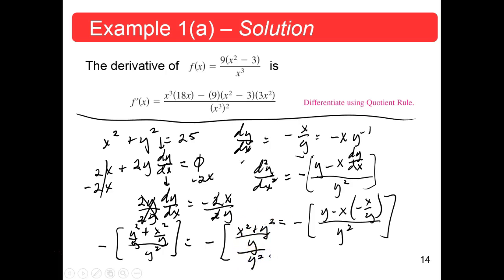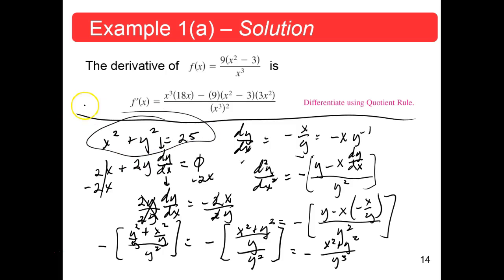Well, those y's are in denominators, so we could make that minus x squared plus y squared over y cubed. But we know what x squared plus y squared is, don't we? 25. So you could go back and write this as minus 25 over y cubed.